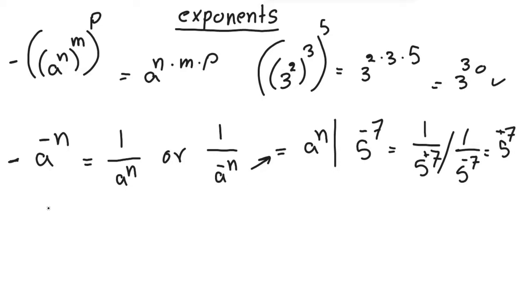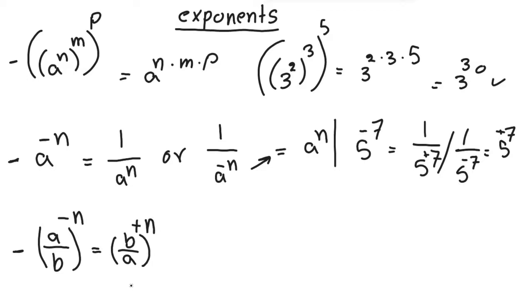Or if you have both of them in one question, like a over b to the power of minus n, it's equal to, just change the places of a and b, take b to the numerator: b over a, to the positive n.